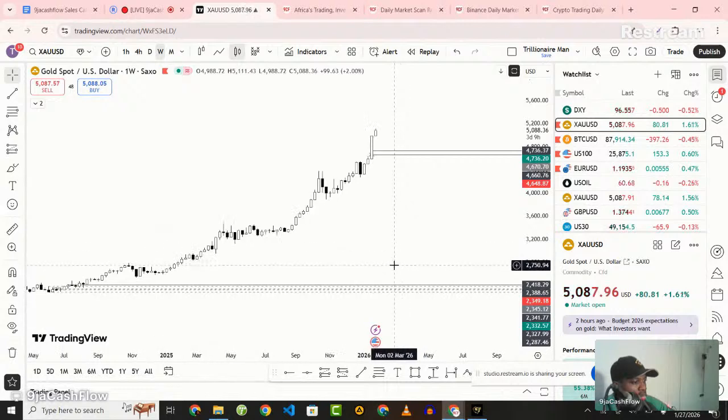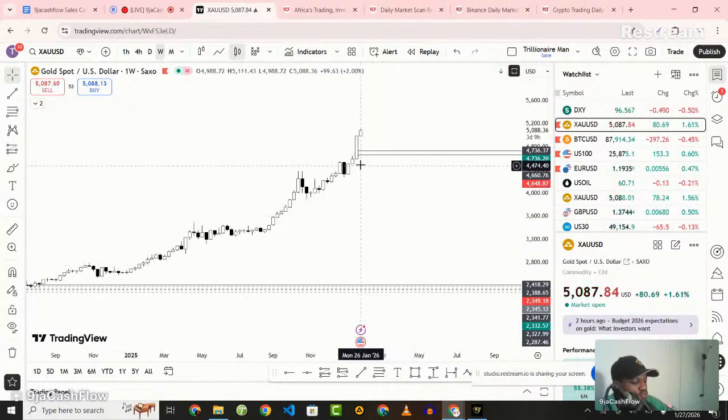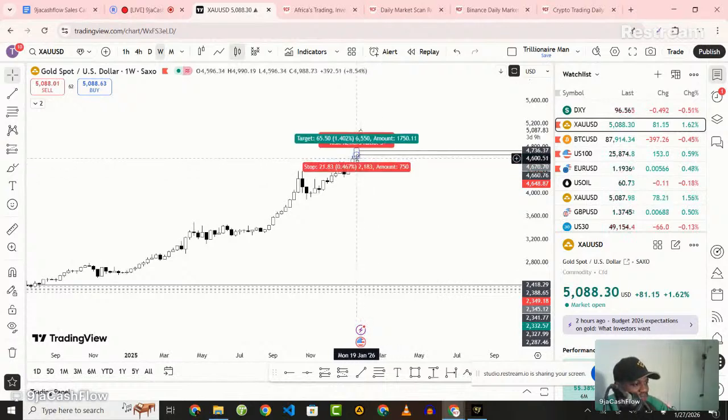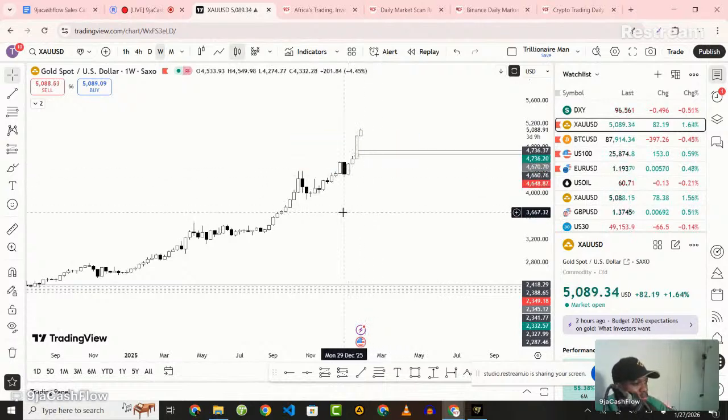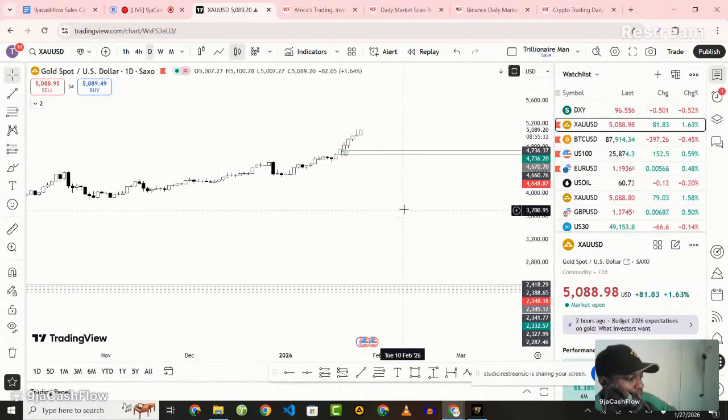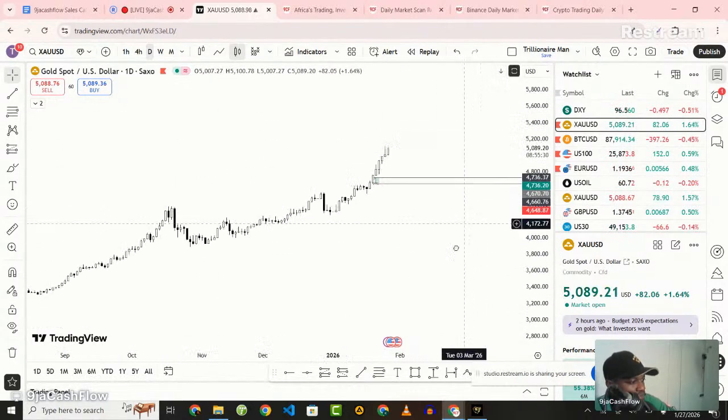Also, last week was pretty bullish, and that was so bullish, right? Very massive weekly candle. If we move to a lower time frame, let's say daily is also pretty bullish.